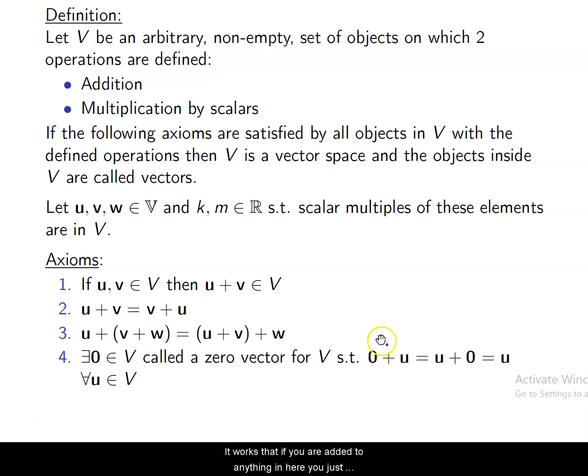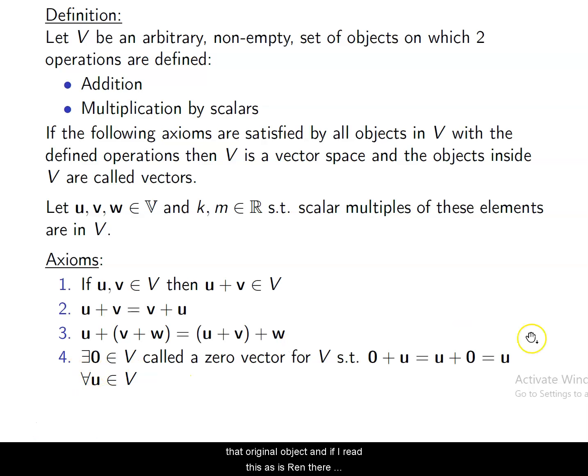It works such that if you add it to anything in here, you're just going to come out with that object itself. So there exists something in our space that we call the 0 vector, such that if I add it in any order to any object in my vector space, I will always get out that original object.